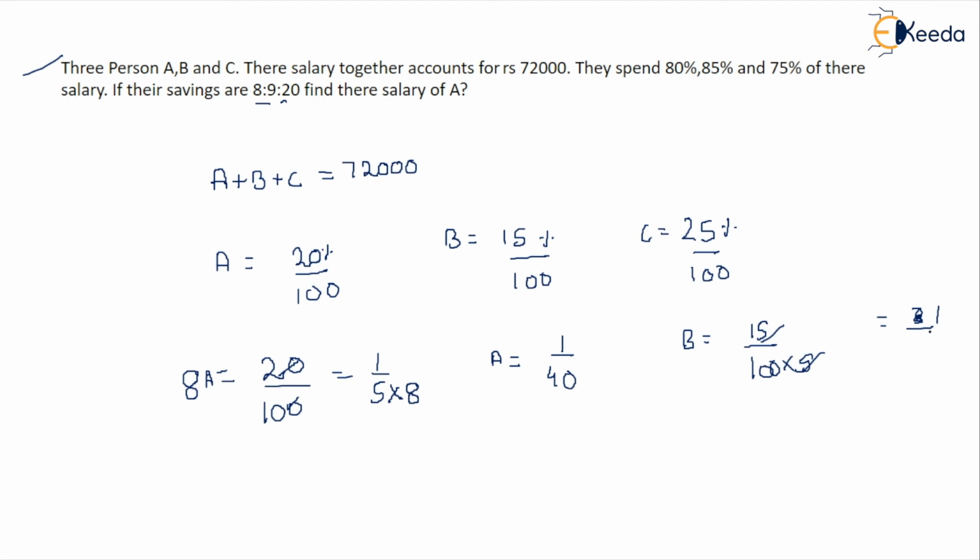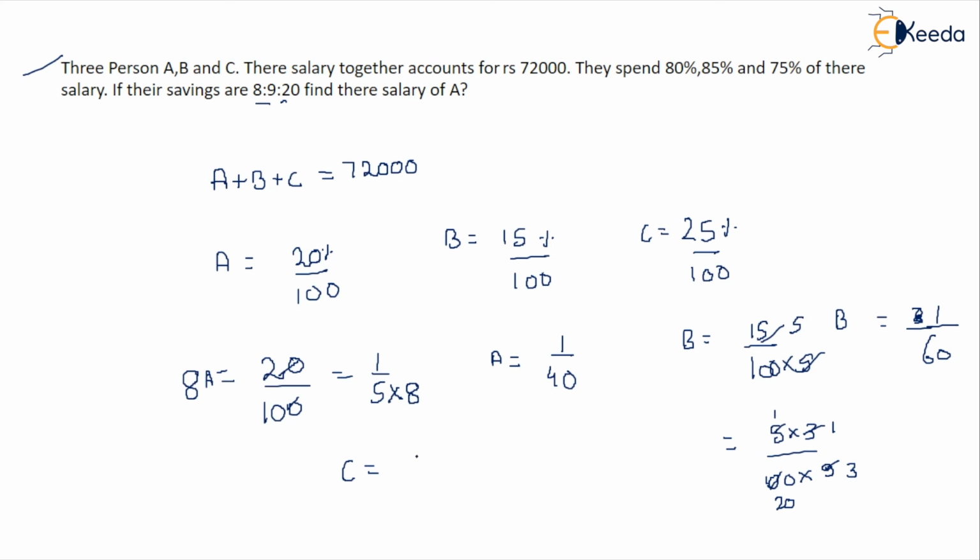So this is 1 by 5, and this we can cut. So we can write 15 as 5 by 3 and 100 into 9. This can be cut, right? 1, 3. Now this can be further cut, so this comes out to be 1 by 20. So 20 into 3, that means 60. So B's saving comes out to be 1 by 60.